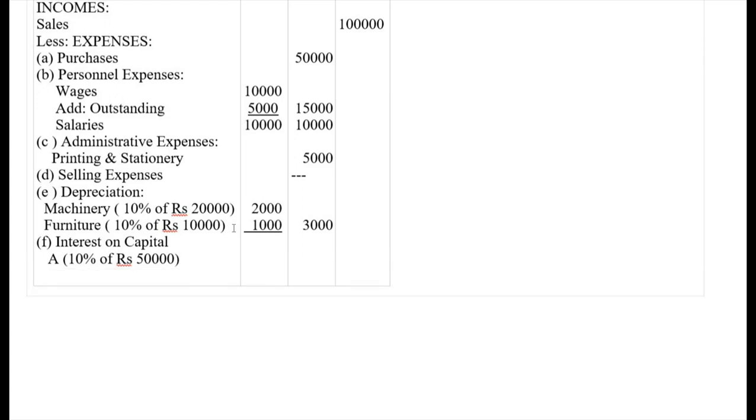Then similarly B, 10% of rupees 40,000. So now in case of A, it is rupees 5,000.